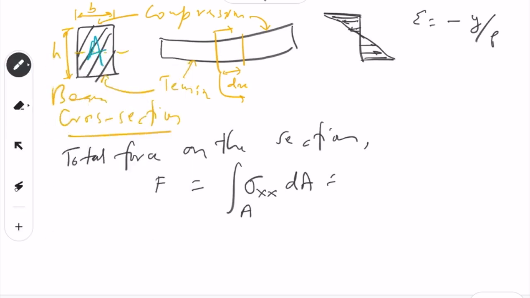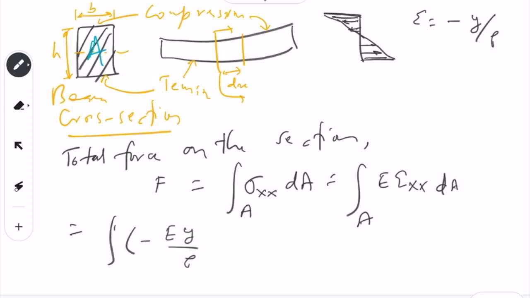That will be equal to the integral of E epsilon xx dA, which equals the integral of minus E y over rho dA.